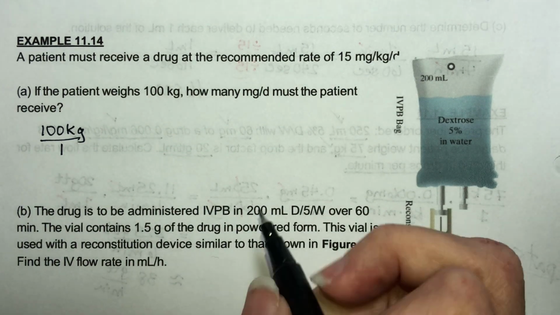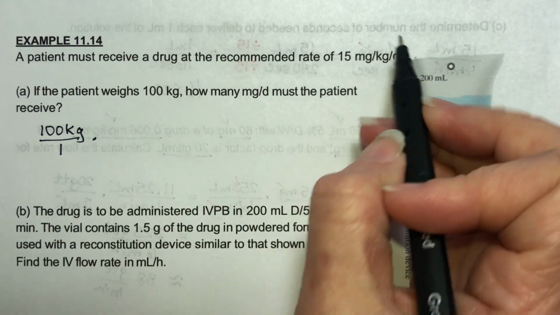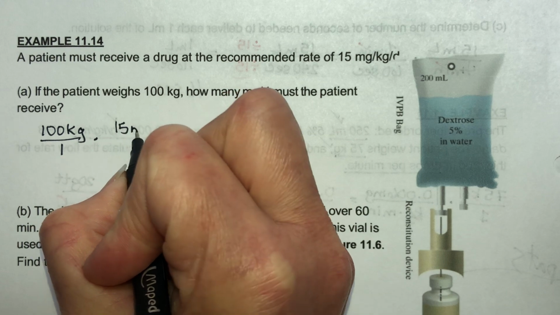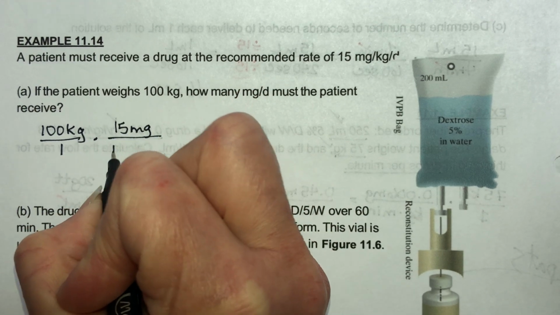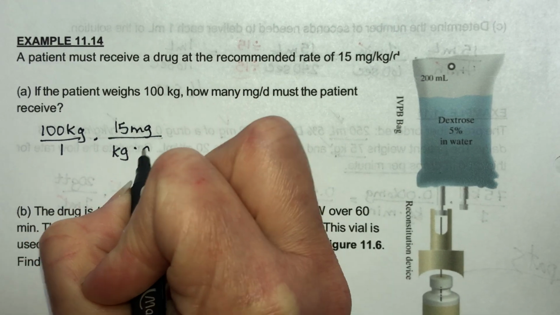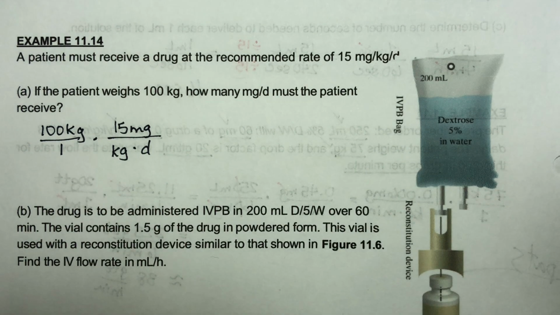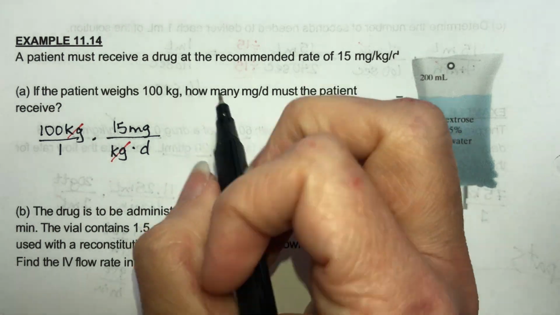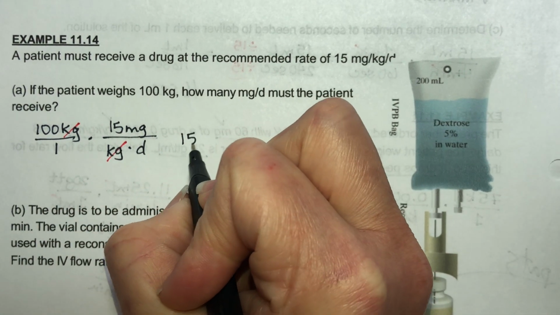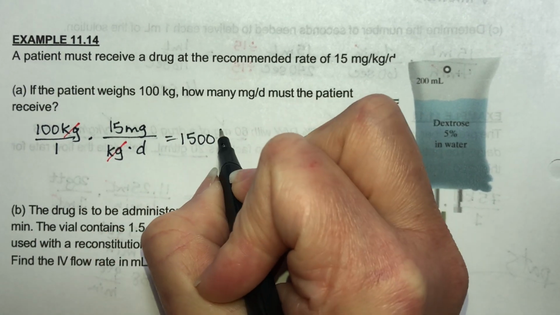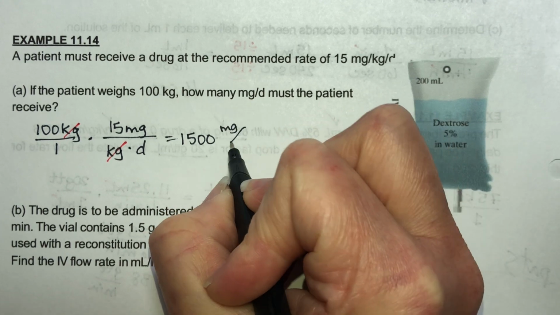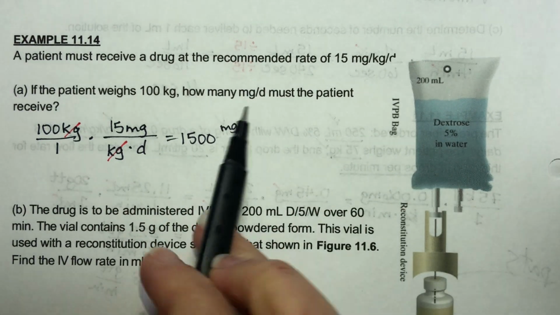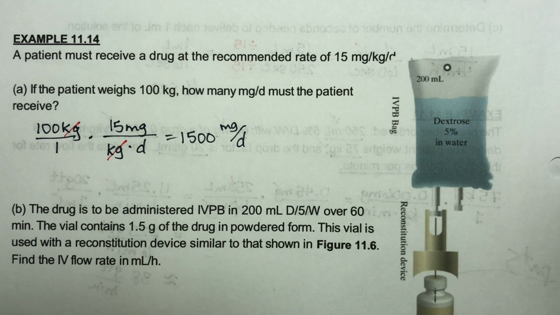And I'm going to use this rate, 15 milligrams per kilogram per day. The kilograms cancel, and you end up with 1,500 milligrams per day. And that's what we're asked for, milligrams per day.